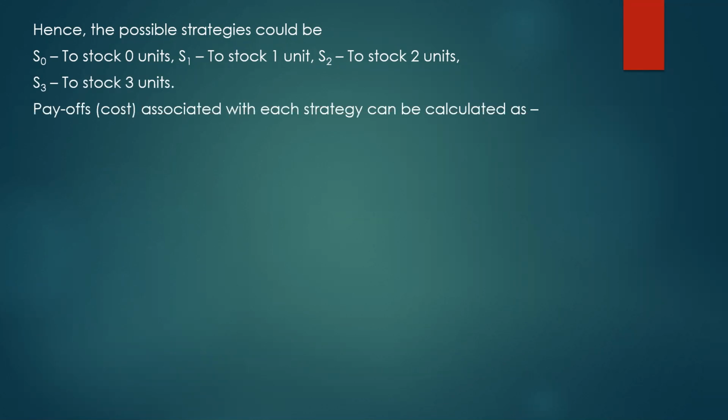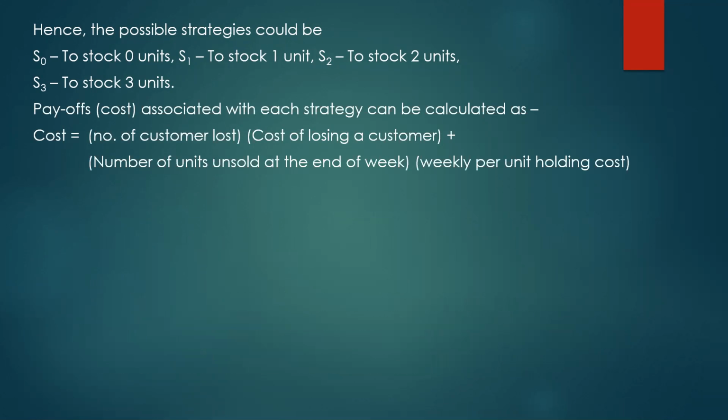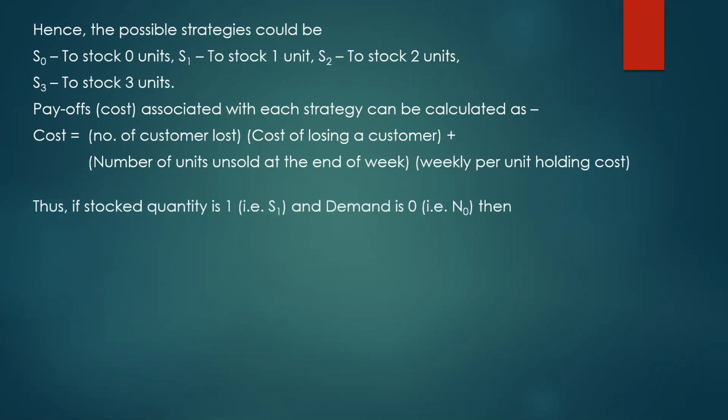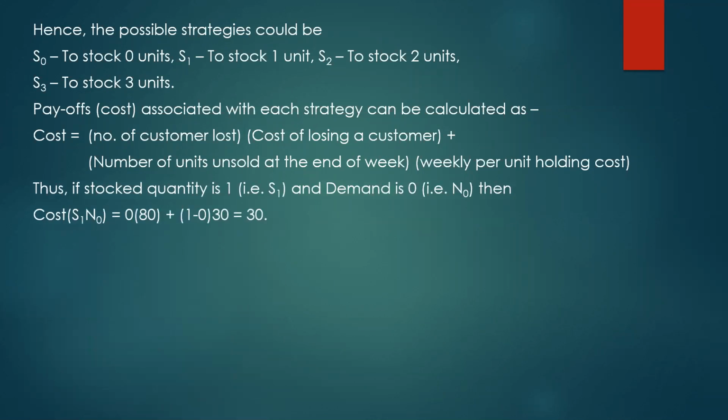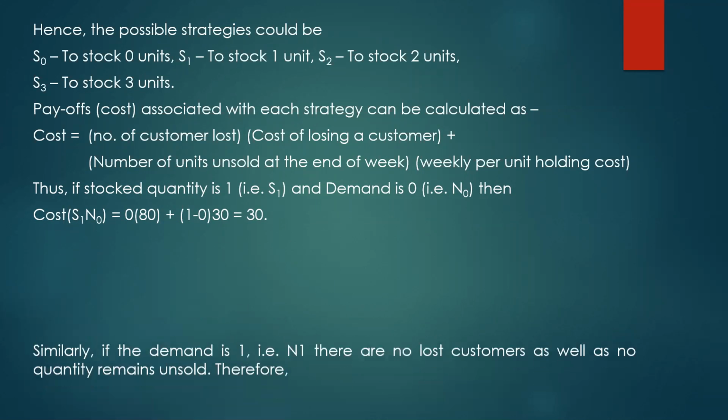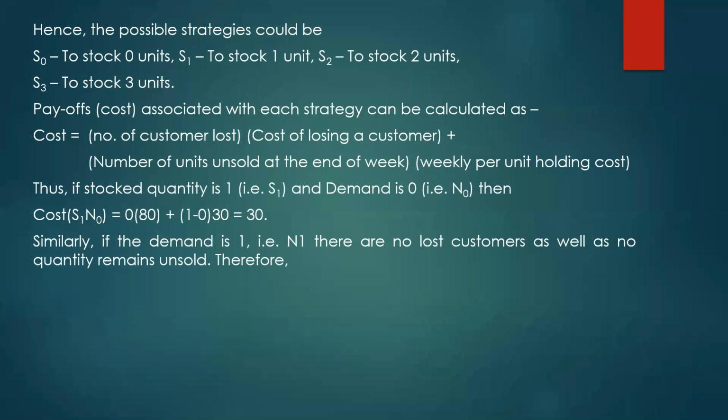The payoff can be calculated using this formula here: number of customers lost multiplied by the cost of losing a customer plus the number of units unsold multiplied by the weekly per unit holding cost. So if you do the calculations, this is my first calculation for S1, N0. Similarly, you can do it for the others.